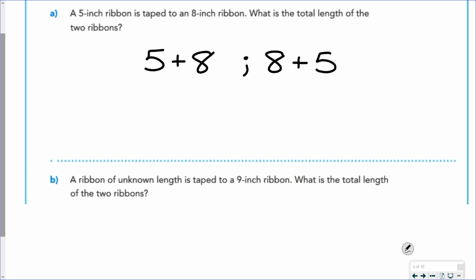And since no variable has been assigned, we get to choose our variable. So let's just go ahead and start with one of the most popular variables out there, x. So the length of the unknown ribbon is x, and we're going to tape that to a 9-inch ribbon. So our expression would be x plus 9, or again, since it's addition, we can switch those around, and we could have an expression that reads 9 plus x.